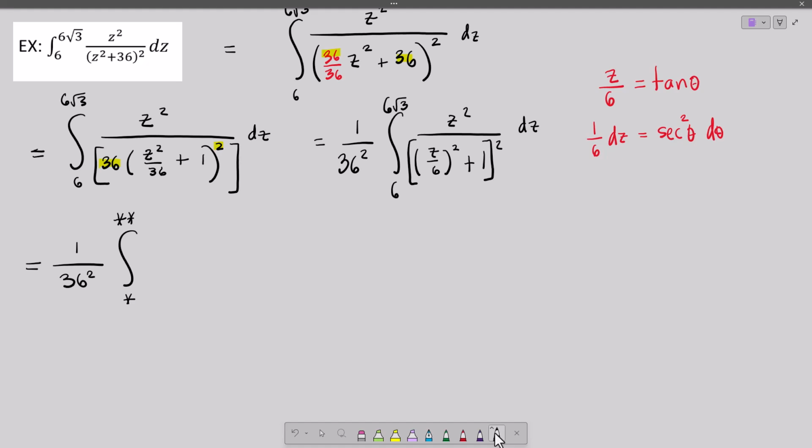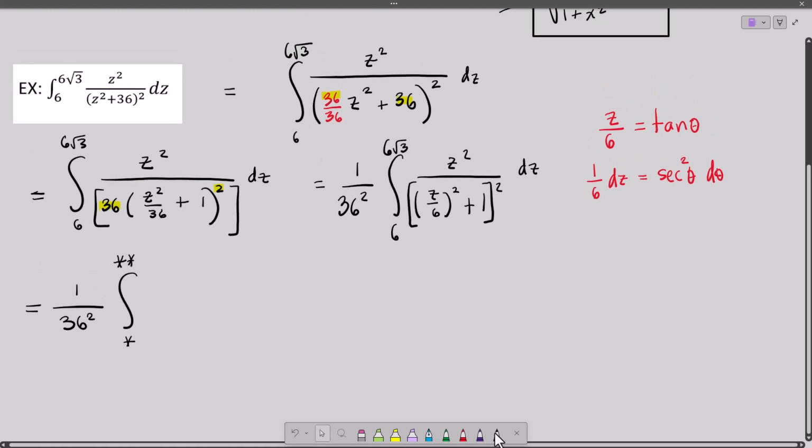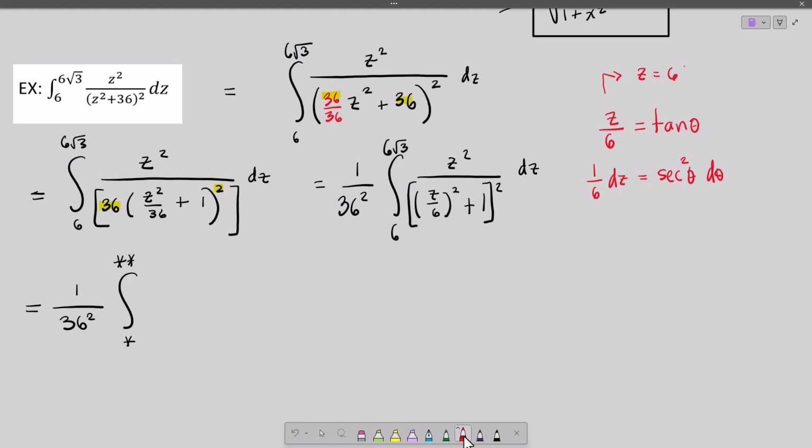All right, so z squared. When you look over here at your substitution step, you don't have to write it, but you at least have to think it, that if you put the 6 on the other side, z is equal to 6 times tangent of theta.